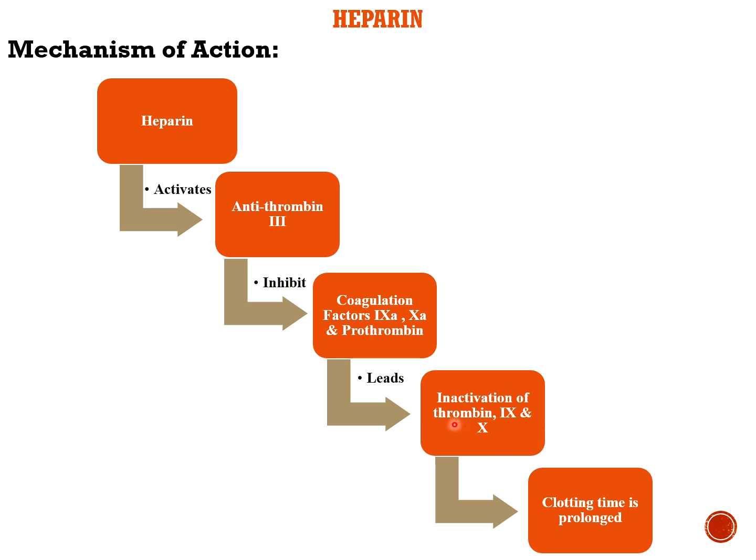Here also thrombin helps in forming the thread-like structure, fibrin, from fibrinogen, so its inhibition prolongs the clotting time. So heparin activates antithrombin 3, which inhibits coagulation factors 9A, 10A and prothrombin. This leads to inactivation of thrombin and factors 9 and 10. Due to inactivation of thrombin, there is no formation of the thread-like structure, so it prolongs clotting. This is about the mechanism of action.